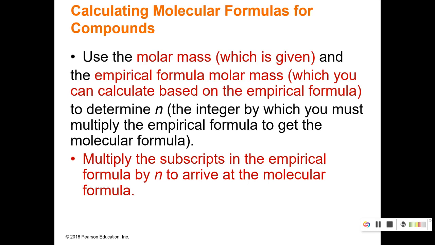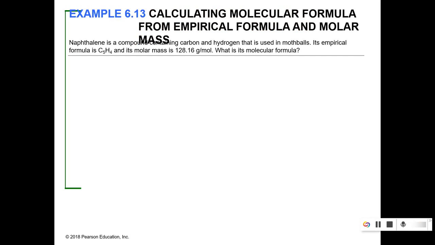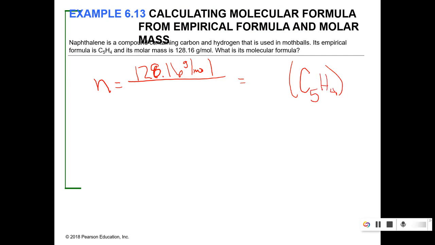Okay, again, the molar mass on top will be given. The empirical formula mass you need to calculate, and then when you find that value of N, you multiply it by the empirical formula. So let's do another one. N is 128.16 grams per mole divided by 64.1.